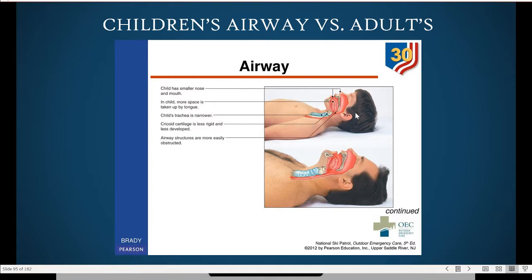The tongue is proportionally larger in a child and takes up more space in that airway. The cricoid cartilage, and I will show you that, is less rigid and less developed. The child's trachea is more narrow, which leads to more upper airway obstructions in children.